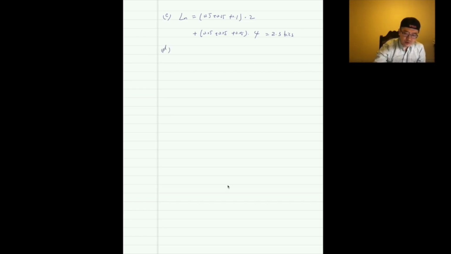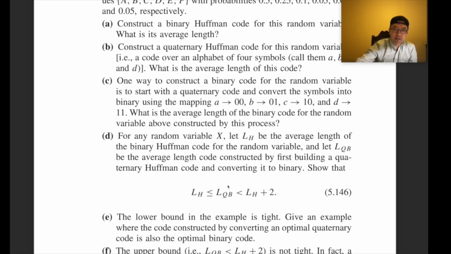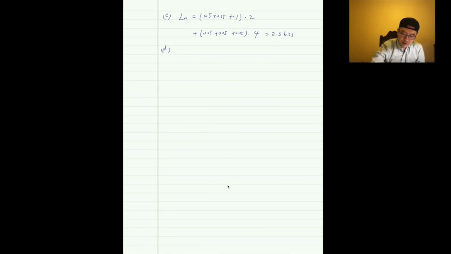So first of all, let's write our goal here, right? That is LH less than or equal to LQB less than or equal to LH plus 2, right? Is this direction familiar? We know that the binary Huffman code is optimal.